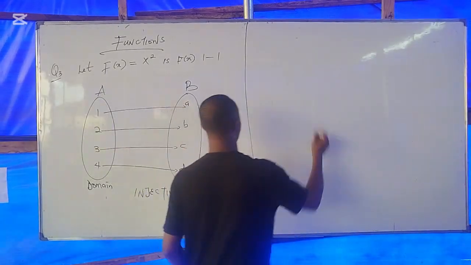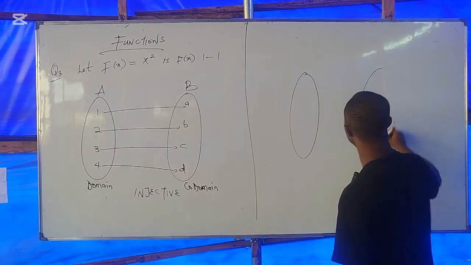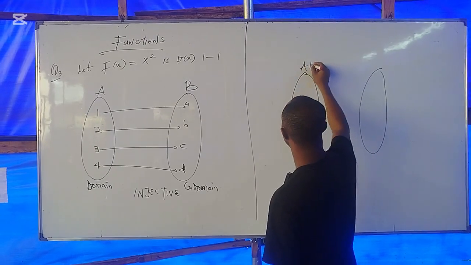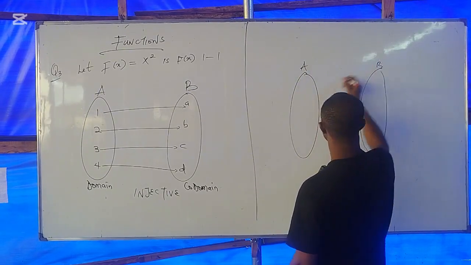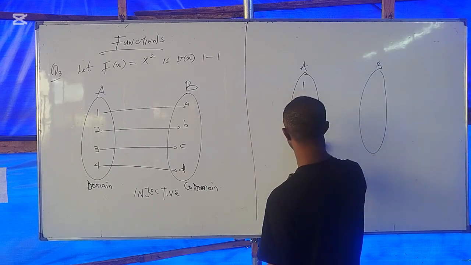Now, if I have this kind of mapping, listen. Here is A, B, C, and here is 1, 2, 3, 4.